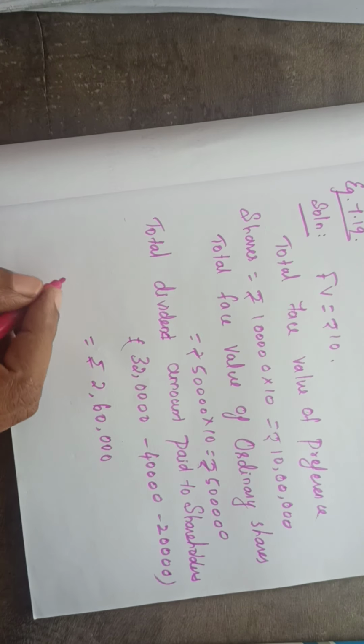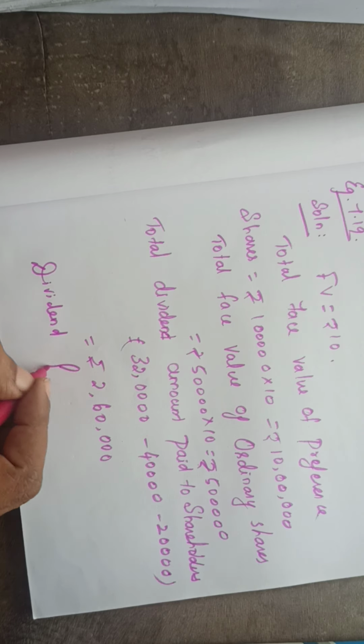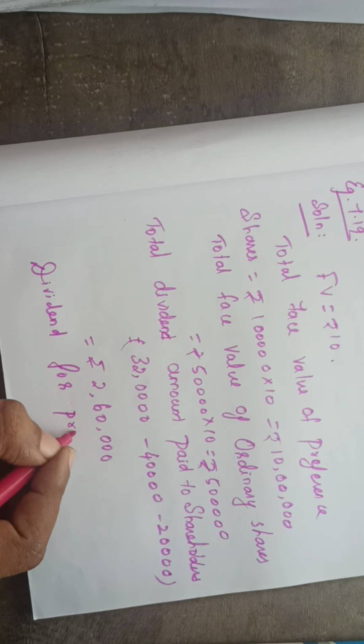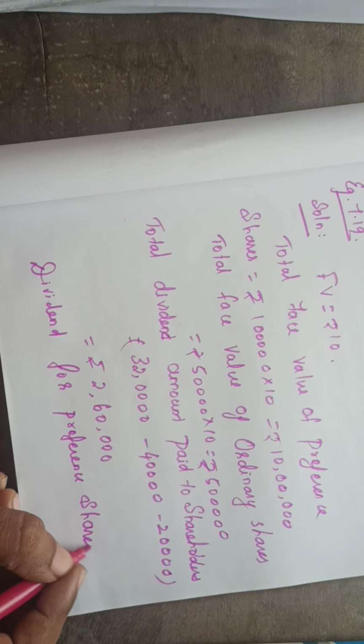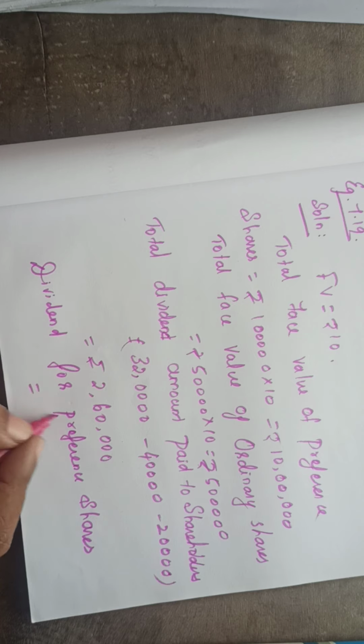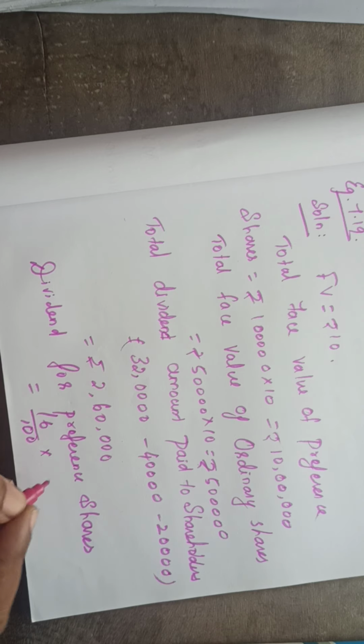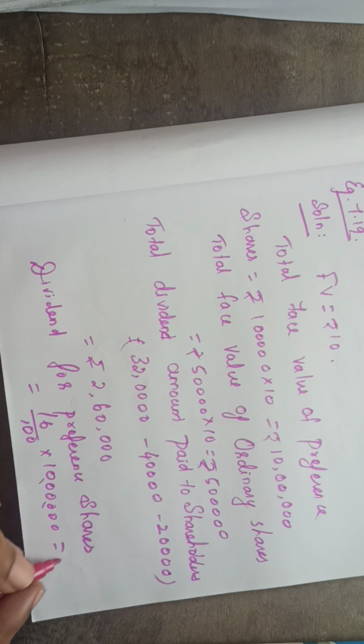Okay, then next we are going to find the dividend for preference shares. How much do we get for dividend for preference shares? 16 by 100 into 1 lakh. Simplify. Okay.